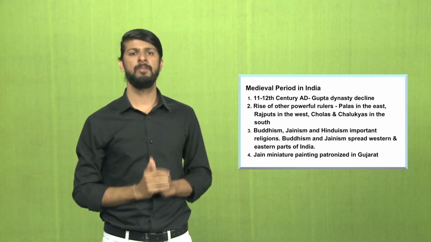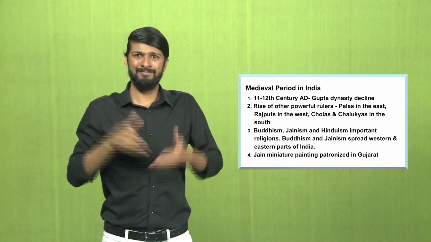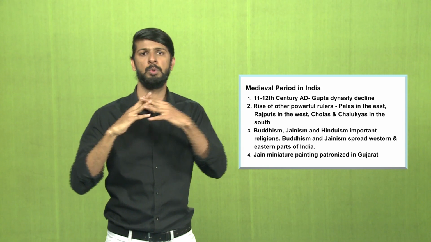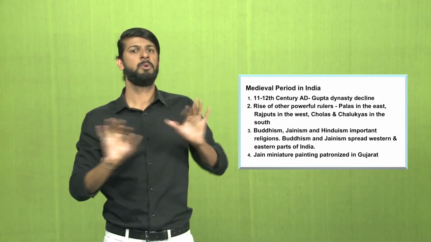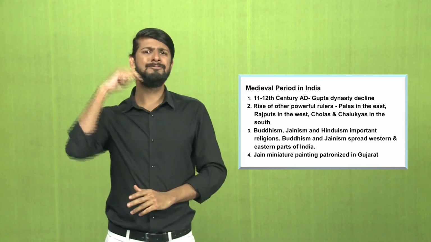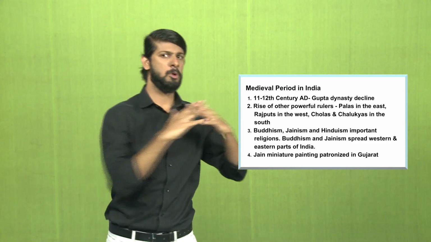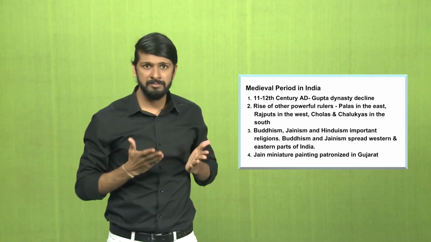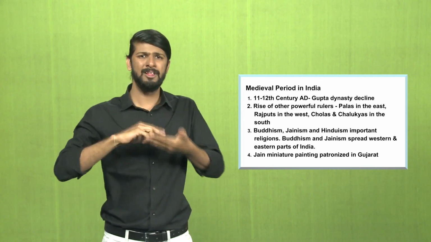As we would know, the Gupta time was a golden period. Jainism and Buddhism spread respectively in the western and the eastern parts of India. So, the north had a different religion, the south had a different religion, but Buddhism and Jainism took the western and the eastern parts.